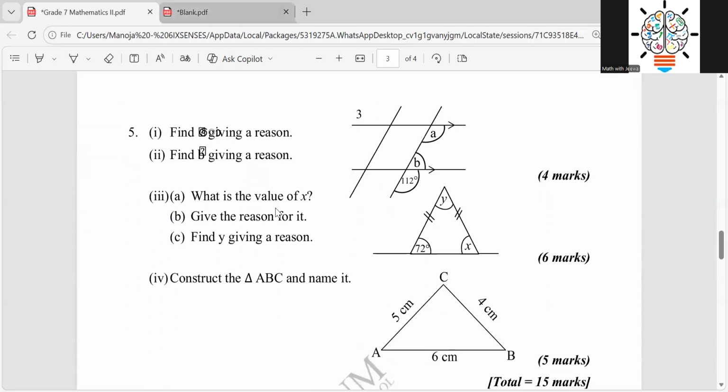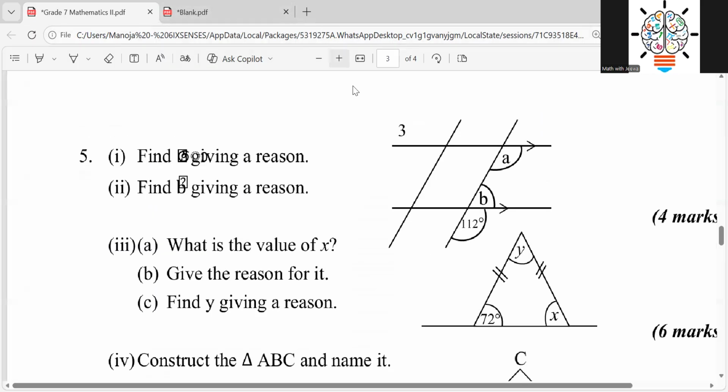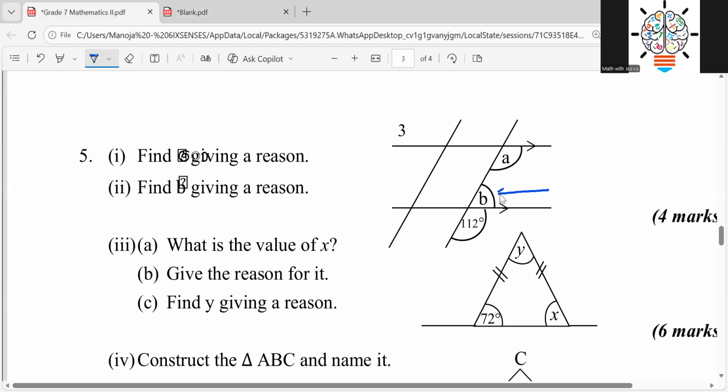Question number 5, you want to find the angles. Here what I'm doing, I'm going to do the answers here itself. Here you can find the B, you want to write it with the reason. How are you going to find the B? 180 minus 112.